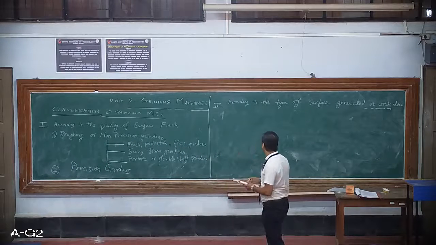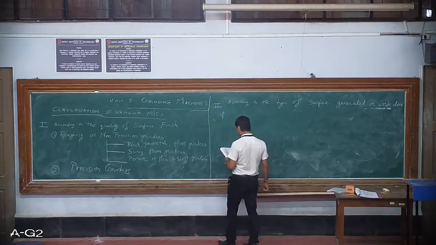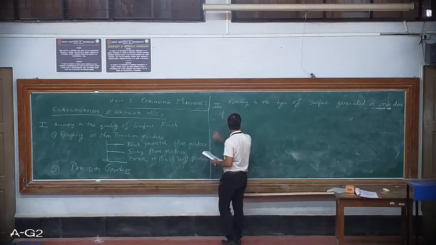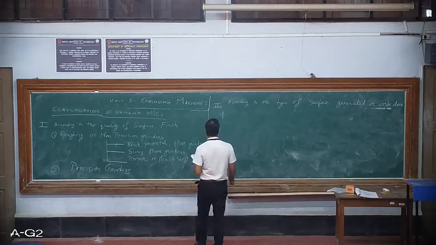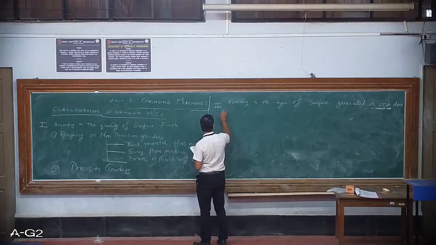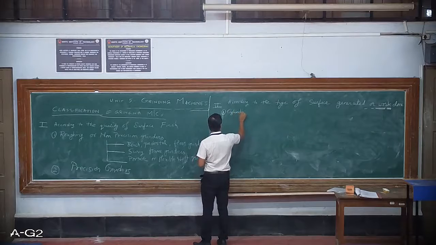Next part, that is according to the type of work done. Here, according to the surface that is generated or the work done, we have again three types. Type 1, cylindrical grinders.